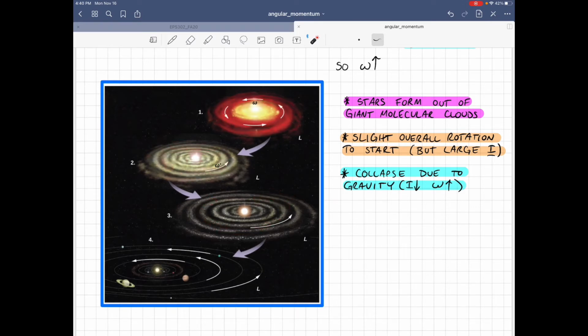You get some ordered rotation where, in terms of a solar system or a star system, the main central object ends up being the most massive, and then all of the material that didn't make it into the main star gravitationally interacts and begins to form little objects that, again, due to the conservation of angular momentum, are rotating in the same direction as the system was originally.